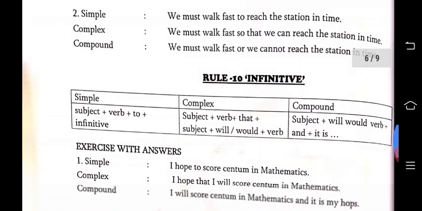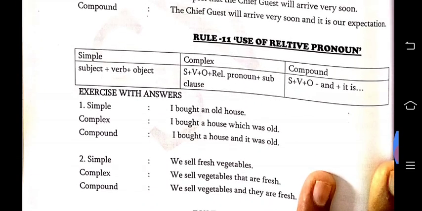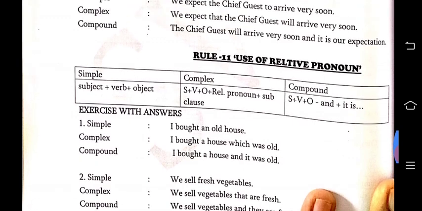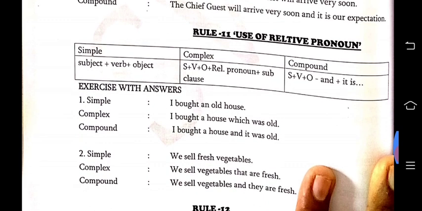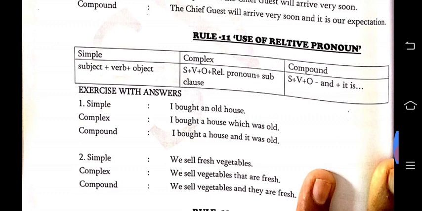In the last class we completed rule number 11, but I'll recollect it once again for you. We discussed the use of relative pronoun. I bought an old house is a simple sentence.